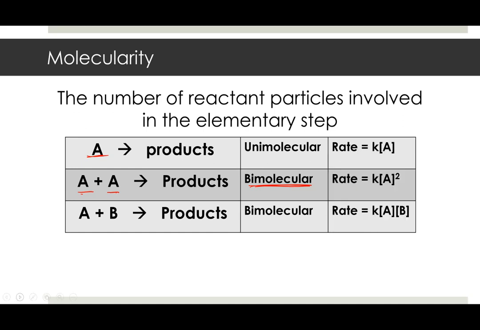We can look at the rates of a unimolecular and a bimolecular. So if it's unimolecular, we just have one of our reactants. The rate law would just be rate equals k, and that would be a first order reaction. If we've got a bimolecular elementary step, so we can't use this for an overall reaction, we'd have to look at the data.